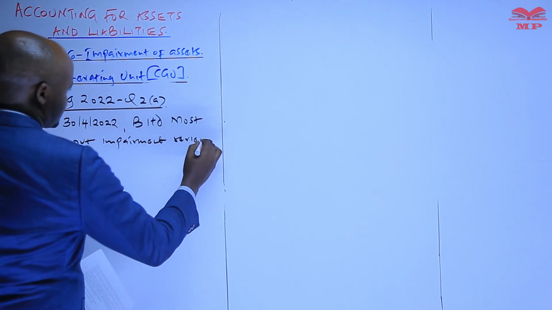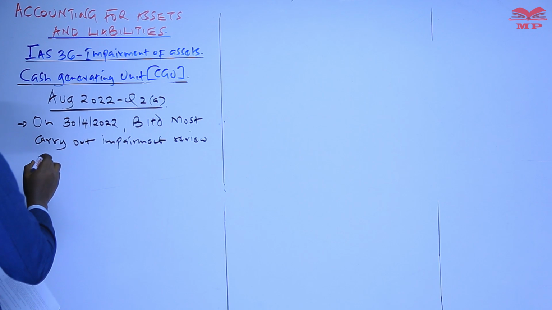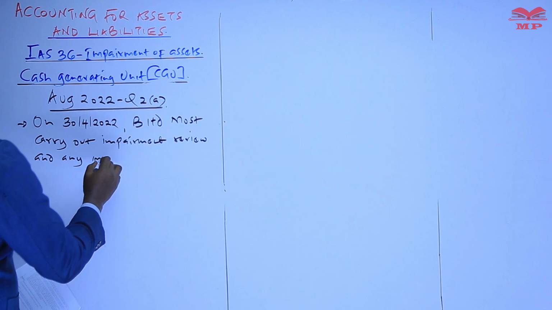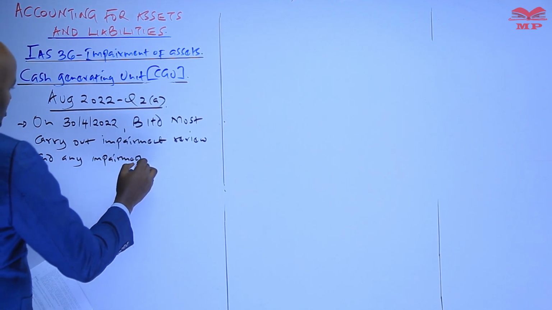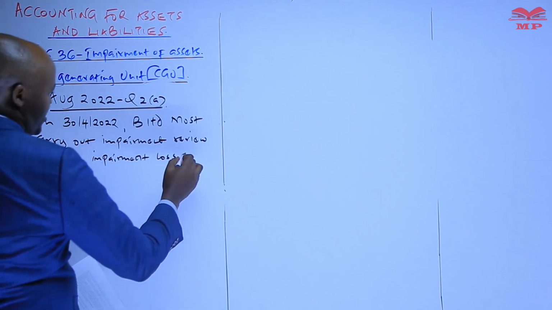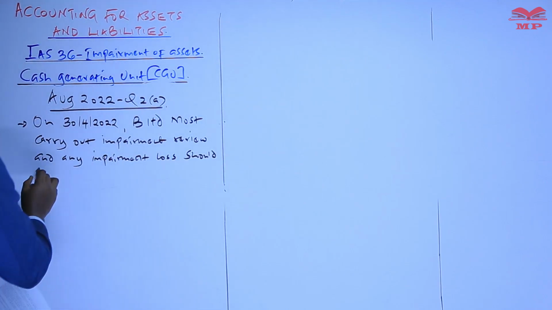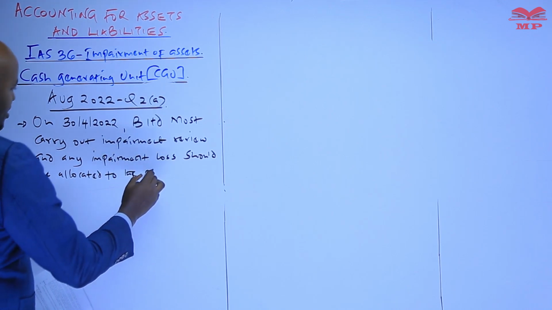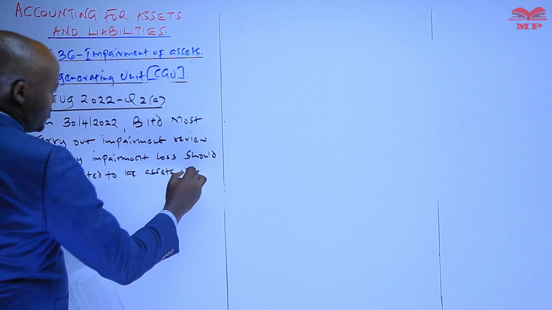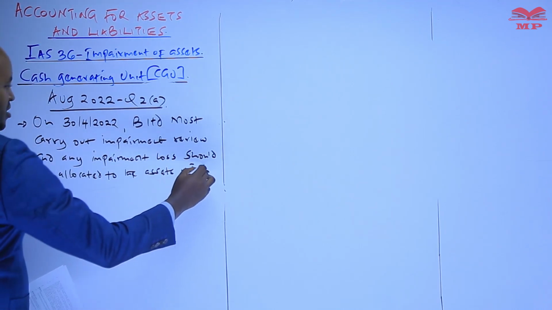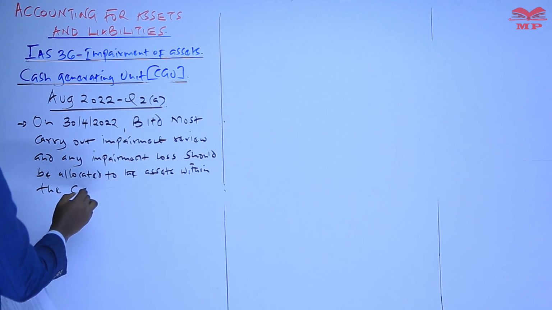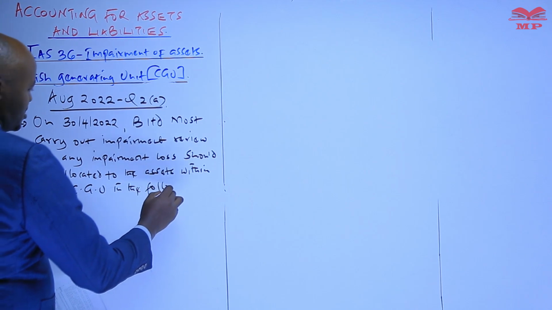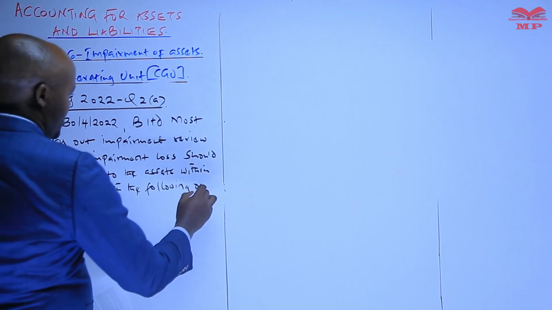impairment review, and any impairment loss should be allocated to the assets within the cash generating unit in the following order.